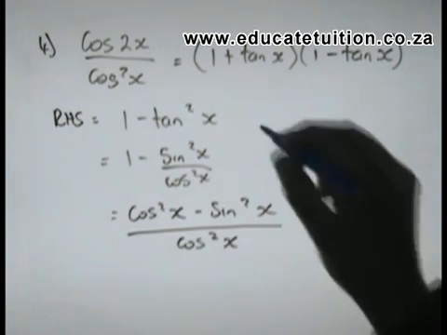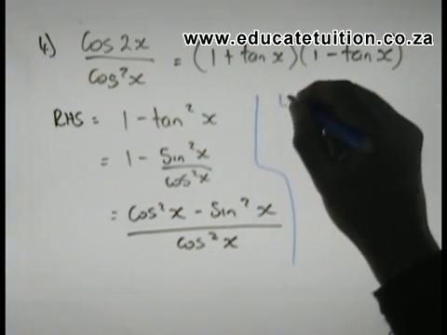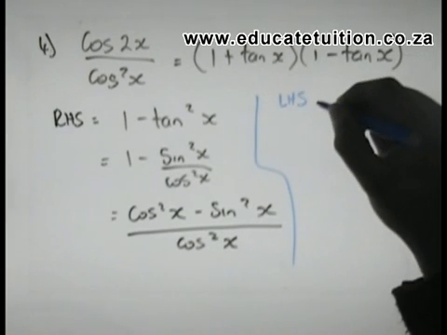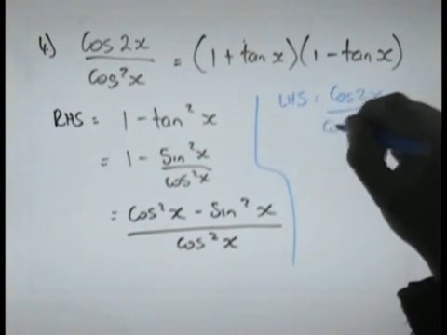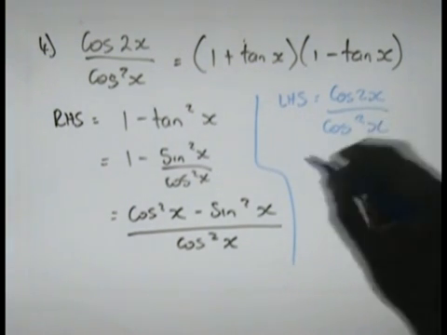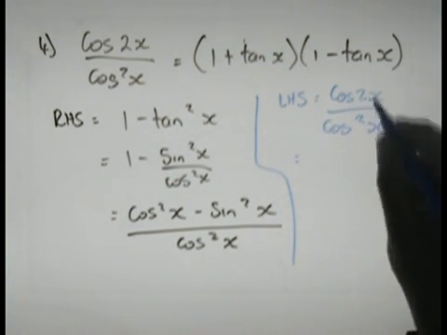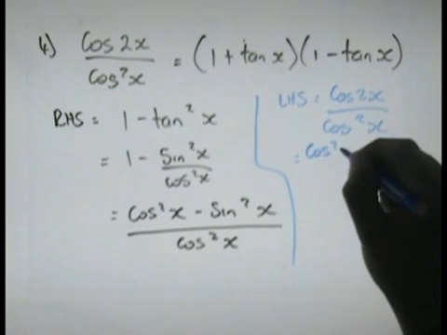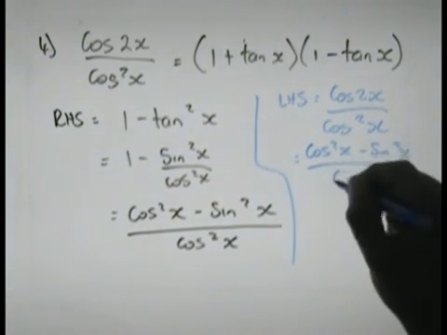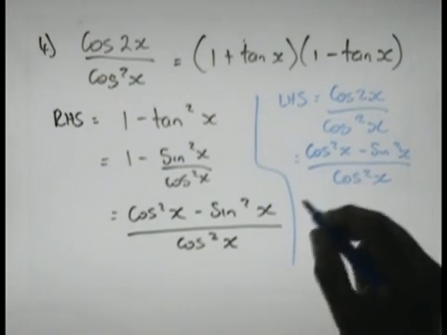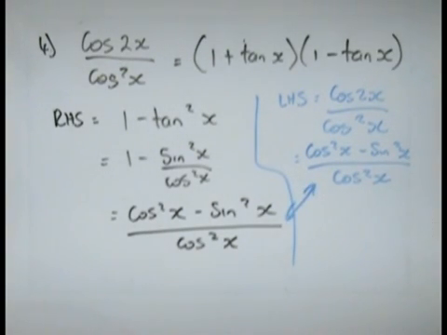Now start with your left hand side. You could have said left hand side is equal to cos 2x over cos squared x. Now cos 2x we know is the same as cos squared x minus sine squared x, over cos squared x, which means that they are now equal to each other.